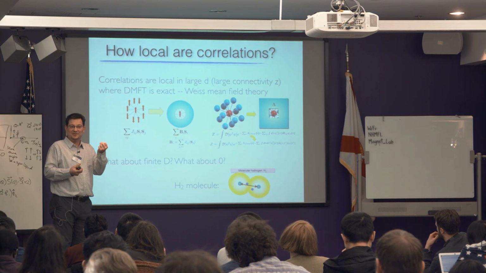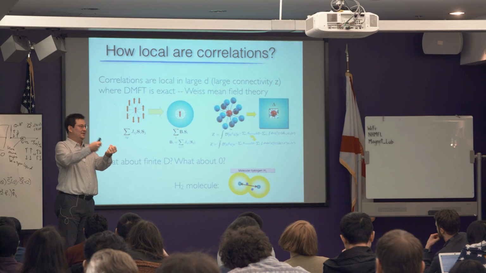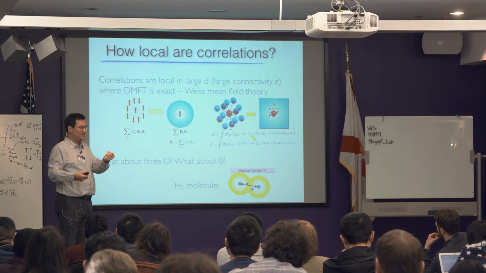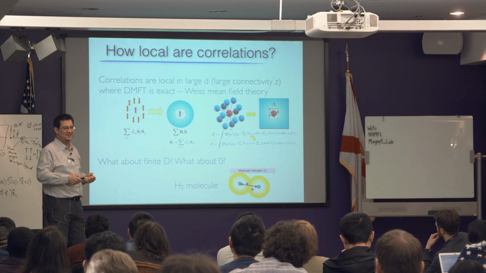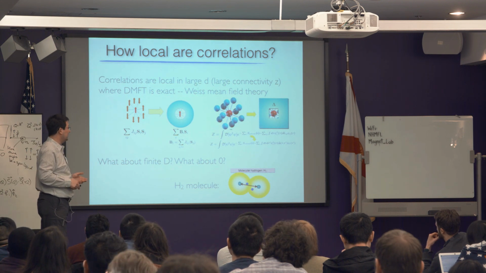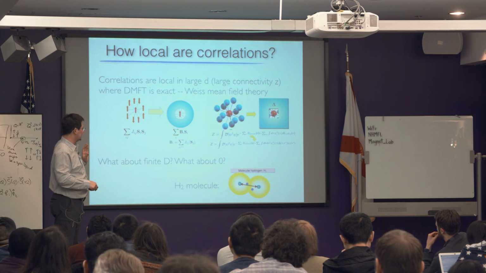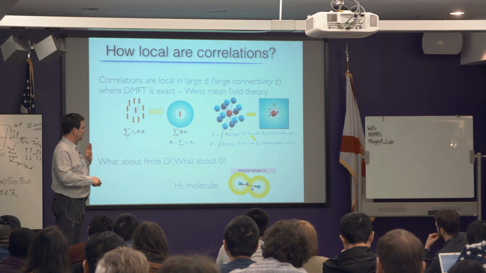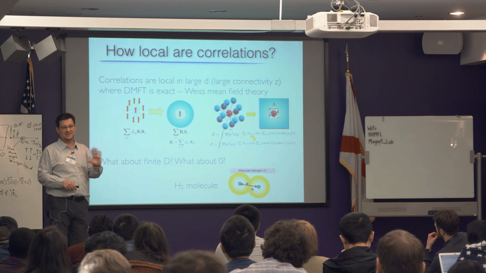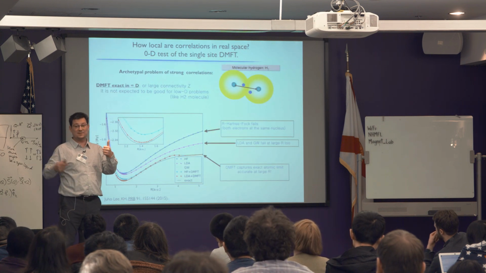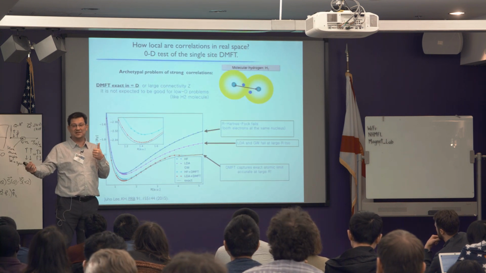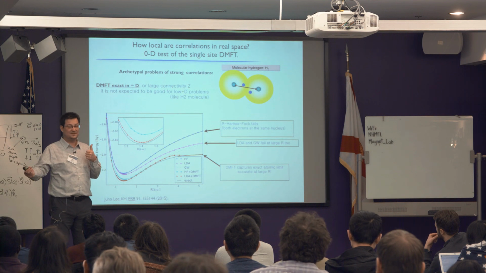It has one site and one neighbor, so that's how we want to look at the H2 molecule. If I use this as a cluster where I correlate both sites, then of course this is trivial and will always work. But if you take into account just one site plus one neighbor, that should be a disaster within DMFT.